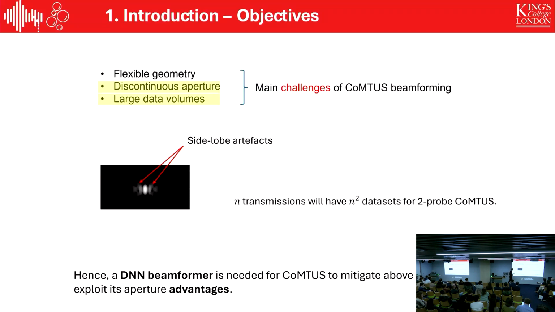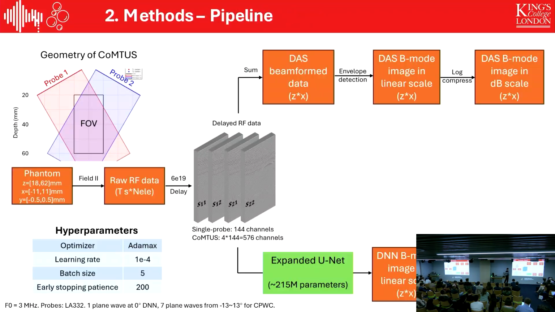And if we have n transmissions in COMTUS, we will have n squared data sets for 2-probe COMTUS. So we need a deep neural network beamformer for the COMTUS to mitigate the above challenges and exploit its aperture advantages.